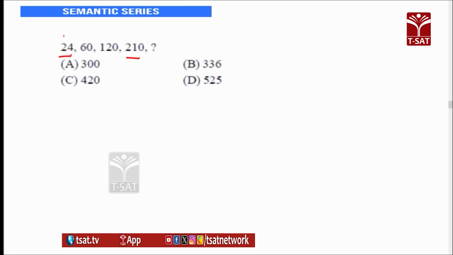I can write 24 like 3 cube minus 3, 60 as 4 cube minus 4, 120 as 5 cube minus 5, 210 as 6 cube minus 6. Obviously, 3 cube, 4 cube, 5 cube, 6 cube, answer will be 7 cube minus 7. So, your answer is 336. So, what is the format? The format of this question is n cube minus n.